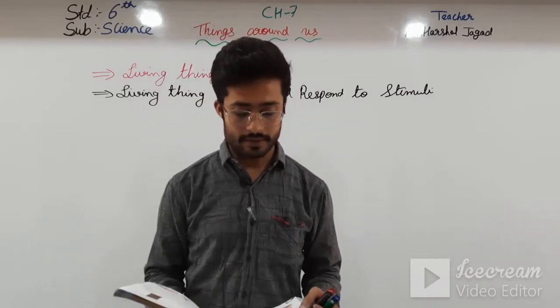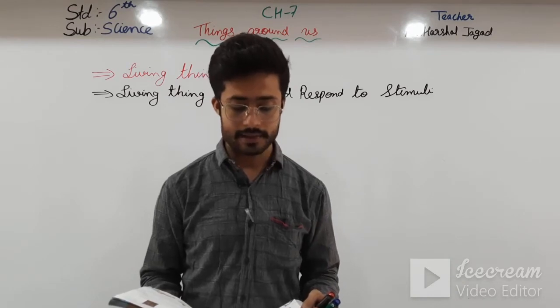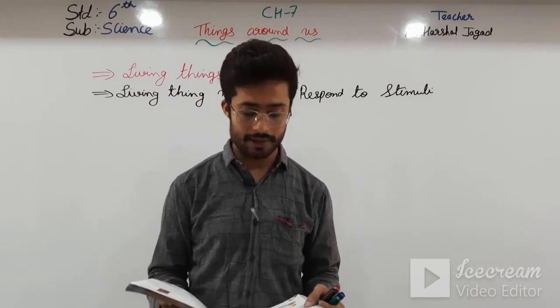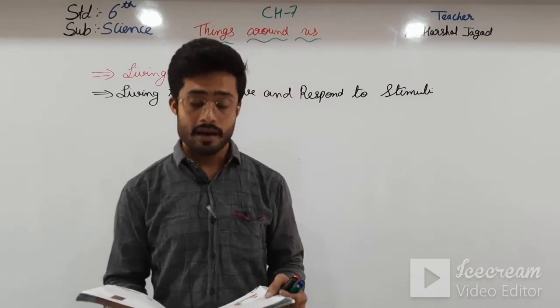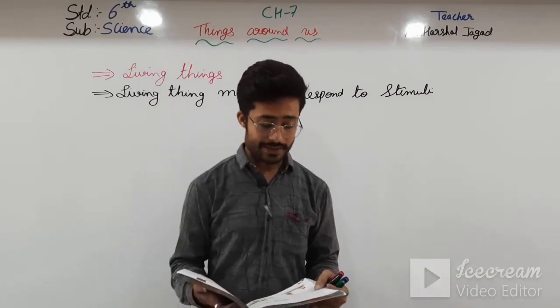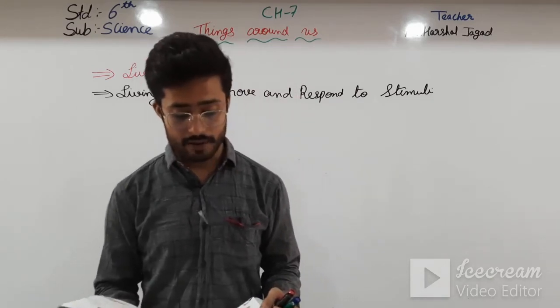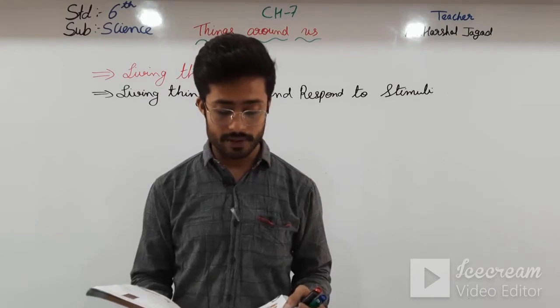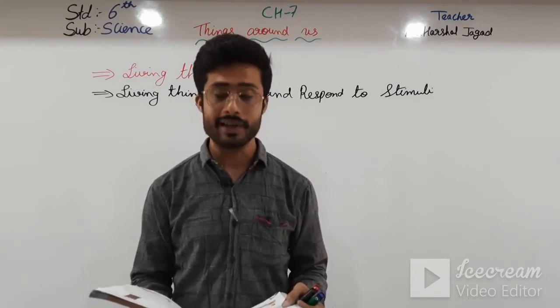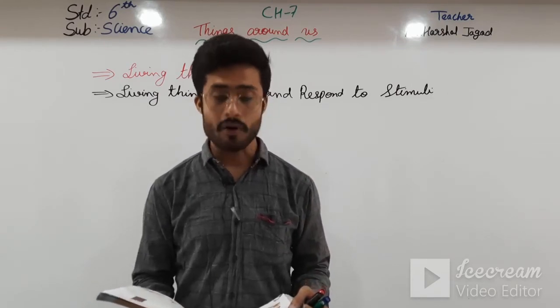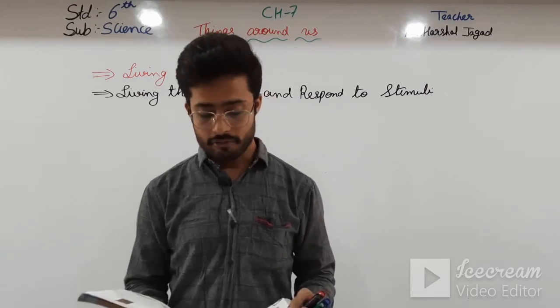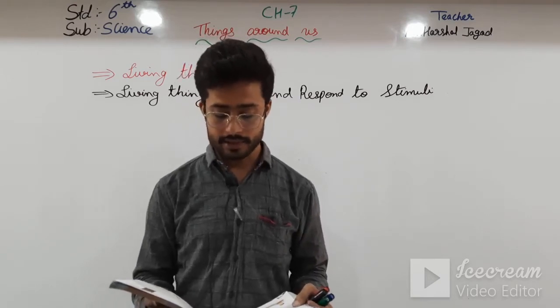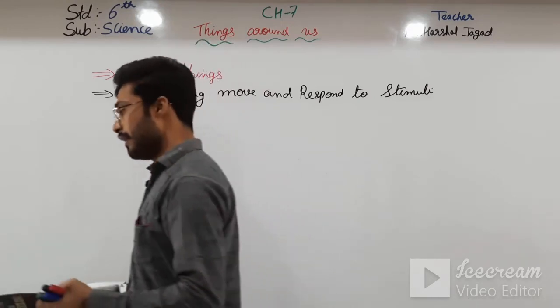Thus, in the case of the touch-me-not plant, the touch is the stimulus and the curling up of leaves is the response. A change in the immediate environment of an organism which produces a change in the activities of the organism is called the stimulus. The reaction of an organism to a stimulus is called its response.